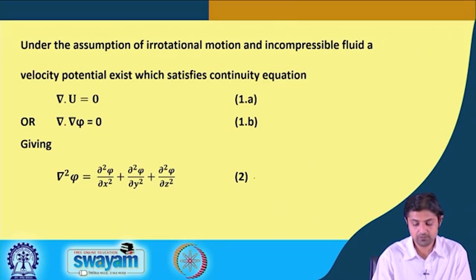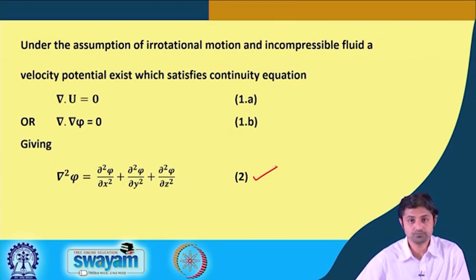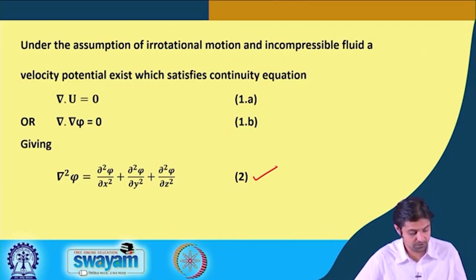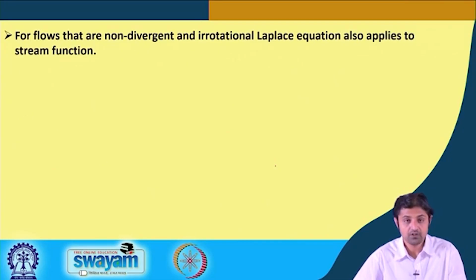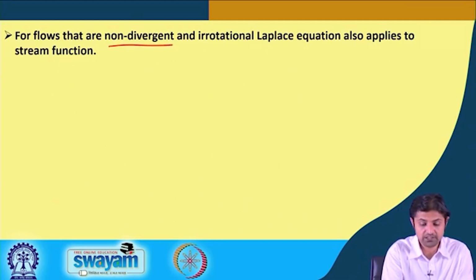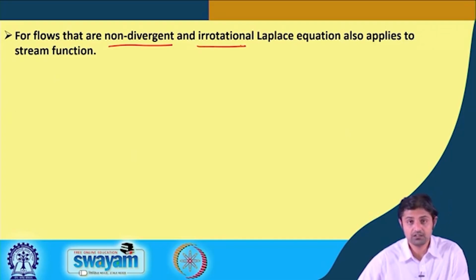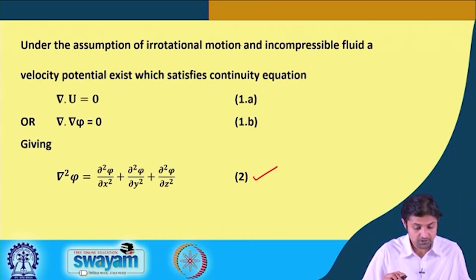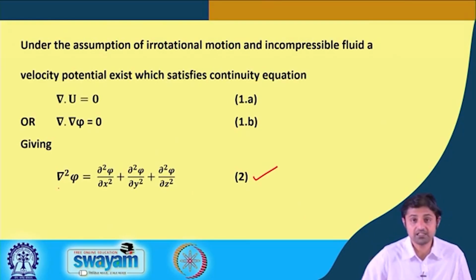We call this equation number 2, all right. So if you follow, we have got del square phi is equal to 0. So if we consider the flows which are non-divergent and irrotational, the previous equation was nothing but the Laplace equation, right.